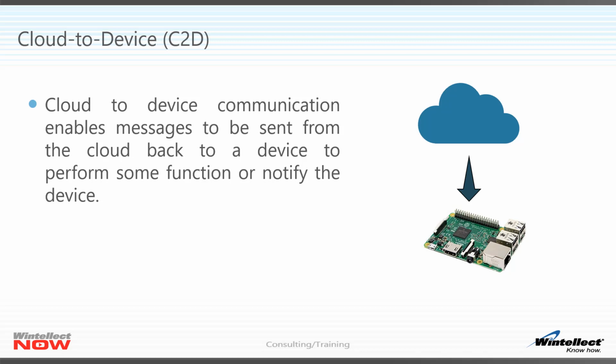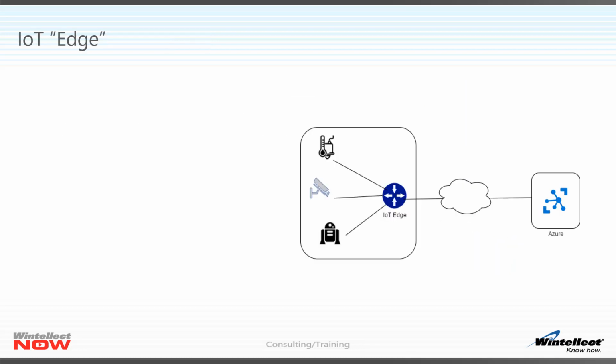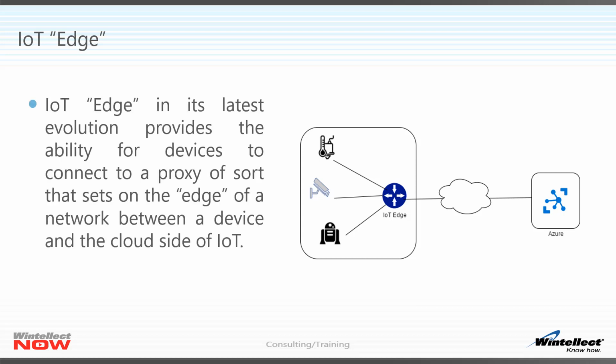So I want to talk about the IoT Edge because it's kind of the next step when you talk about IoT connected devices. It is possible for a device to talk directly to a cloud solution by way of messaging, but increasingly, as these solutions grow and grow, especially for large deployments of devices in a single location, they'll typically deploy something called an edge device or gateway device.